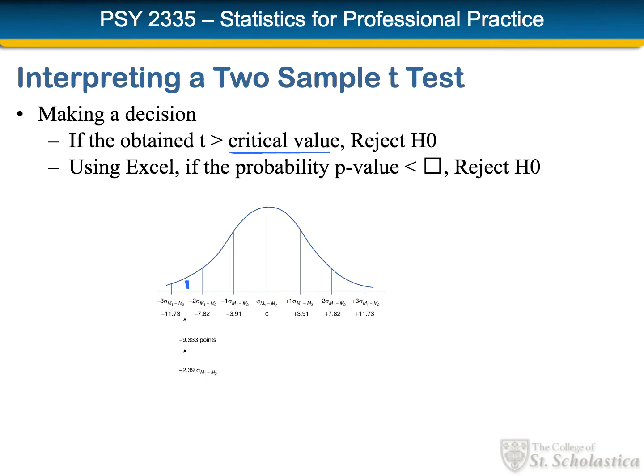When we use Excel, rather than comparing to a critical value of t, which shows up on this axis, we'll show instead the p-value, which is the area beyond our actual t, which represents the probability of getting a t result that extreme or more extreme. We'll compare that p-value to the Greek letter alpha, usually 0.05, that we've used in creating our rejection region. Whenever p is less than alpha, that would be when we reject the null hypothesis.